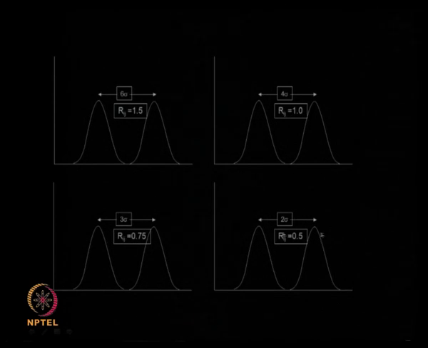If the distance is 2 sigma, then the resolution is 0.5. So, depending upon the distance, whether it is 2 sigma or 3 sigma or 4 sigma or 6 sigma, I get different numbers ranging from 0.5, 0.75, 1, 1.5 and so on actually. So, resolution tells you how far apart these peak maxima are.